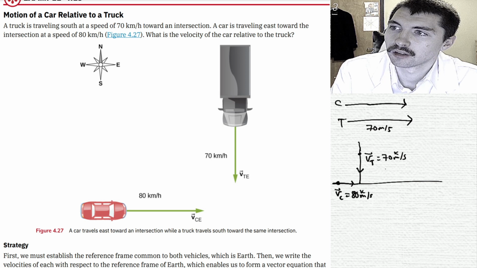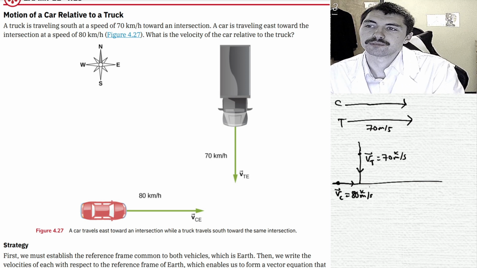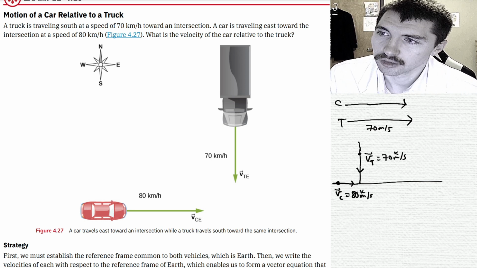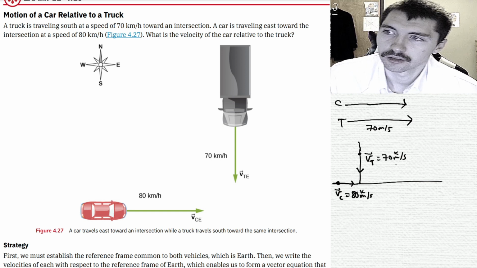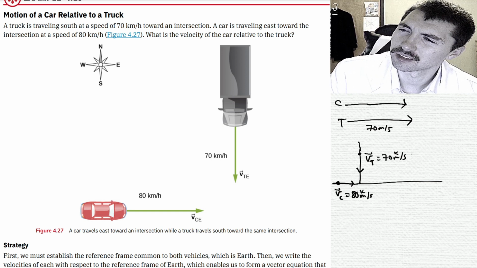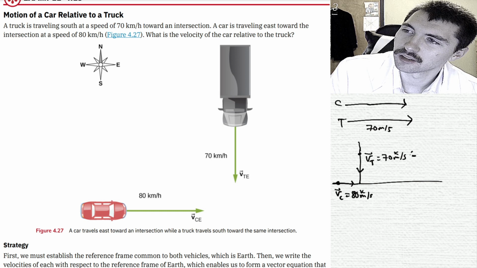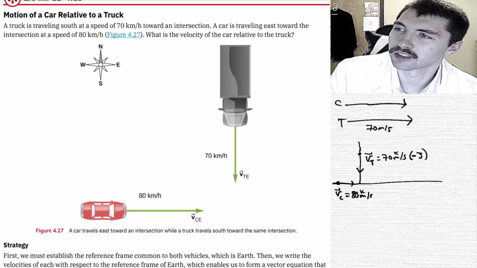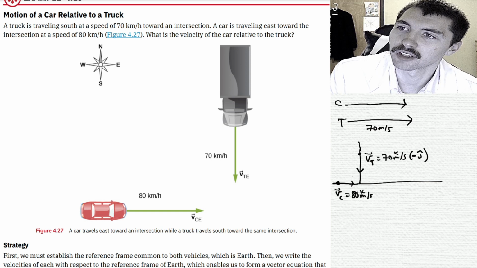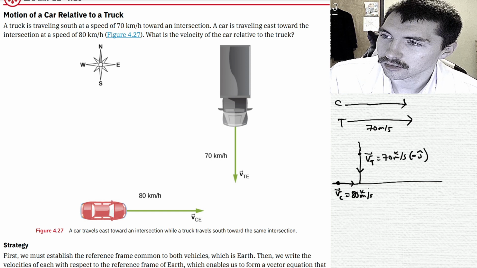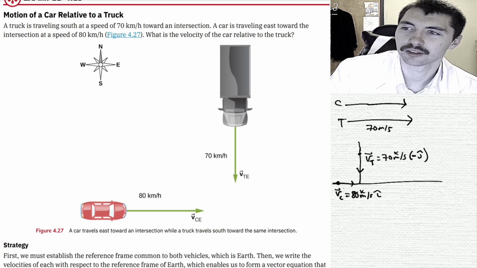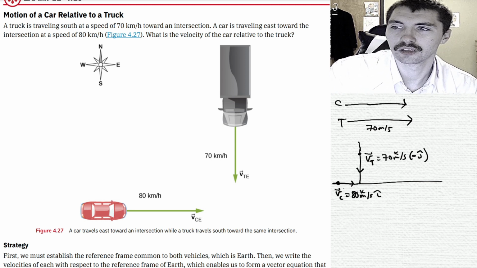So the truck's going this way; we can say negative J hat to express it's going south. And for the car we can say I hat.